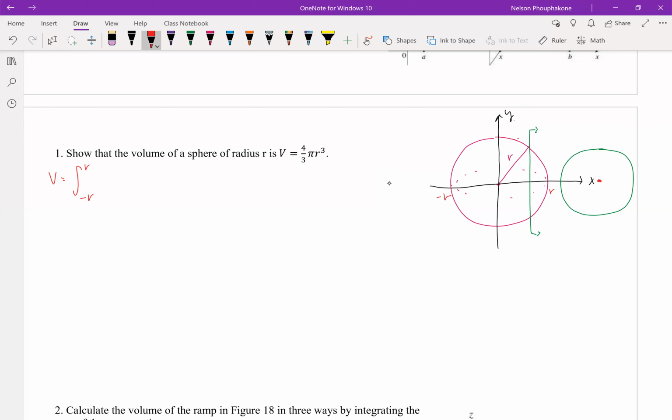Because I cut it perpendicular to the x-axis, I would like to find the area of the cross sections, A of x dx. Then what is A of x? Now remember again, A of x is the area of the cross sections.